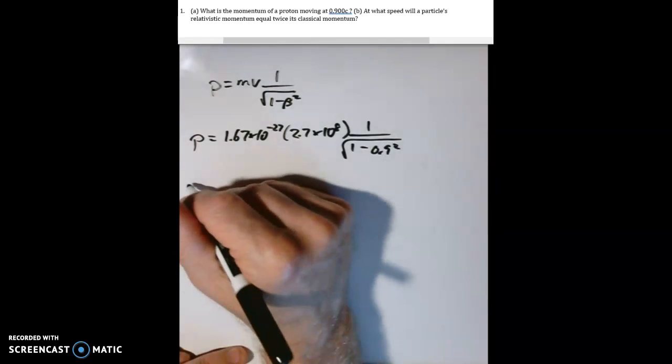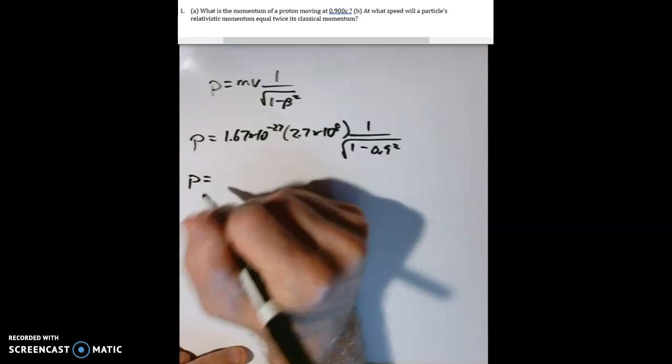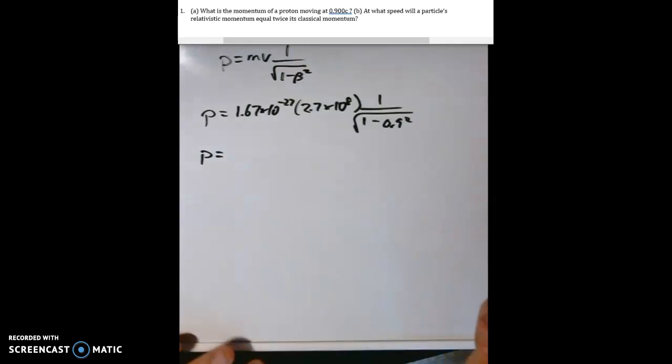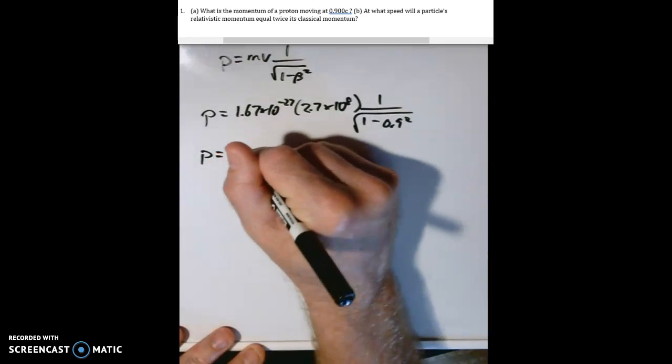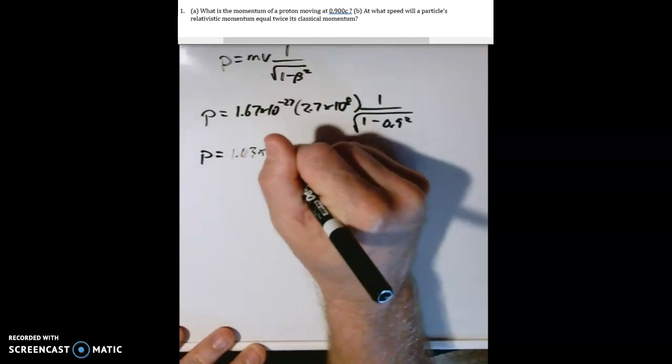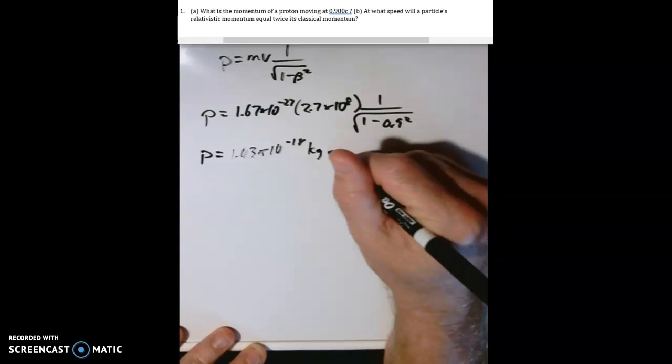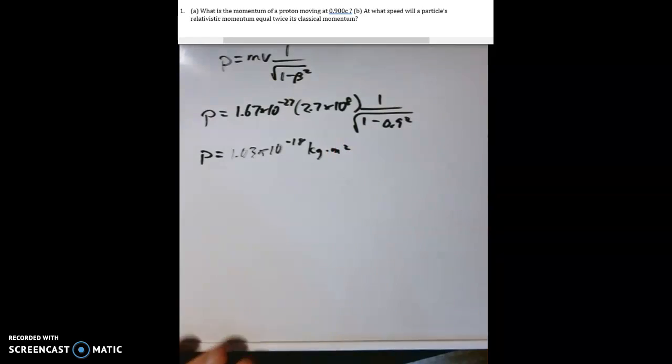Then all we've got to do is plug that into our calculator, and we come up with 1.03 times 10 to the negative 18. The unit would be kilograms times meters per second.